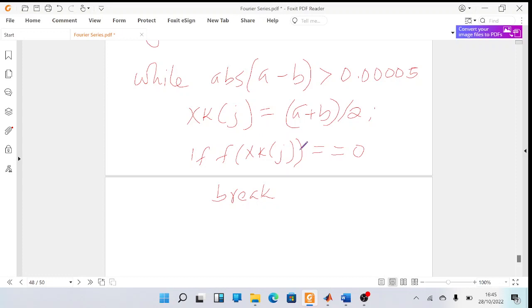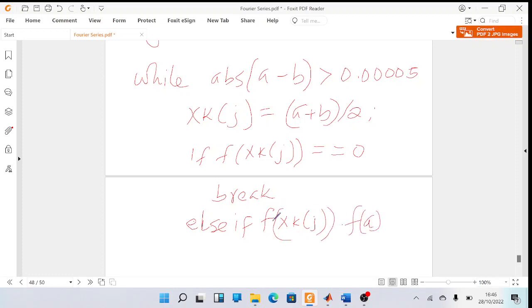So I'll now apply the intermediate value property. So I'll write else if f of xk evaluated at j times f of a.